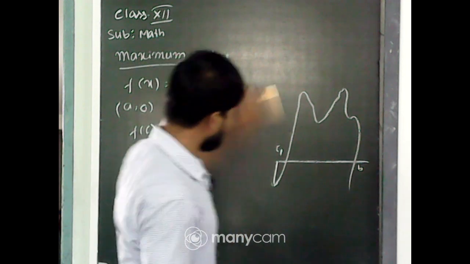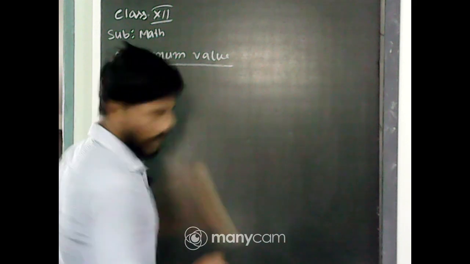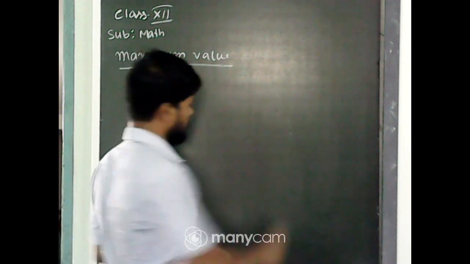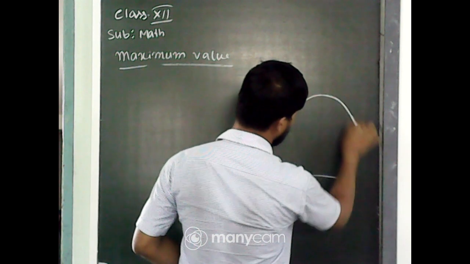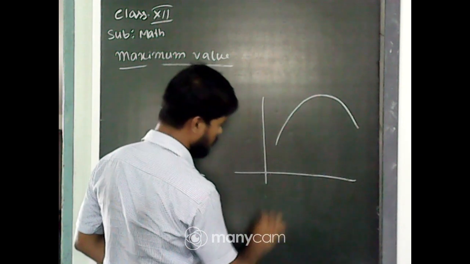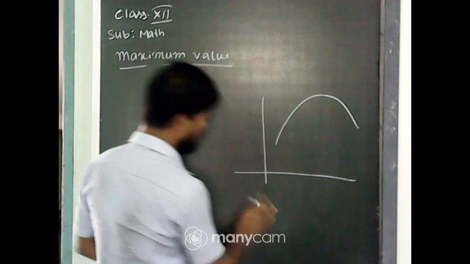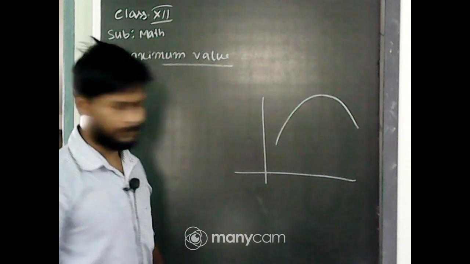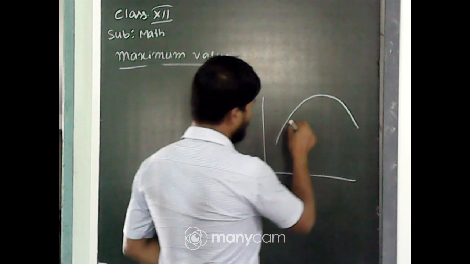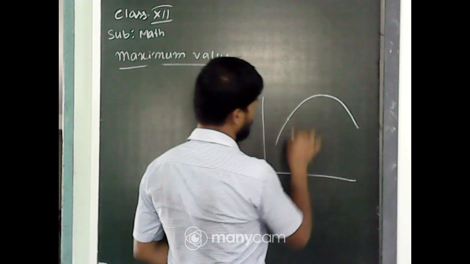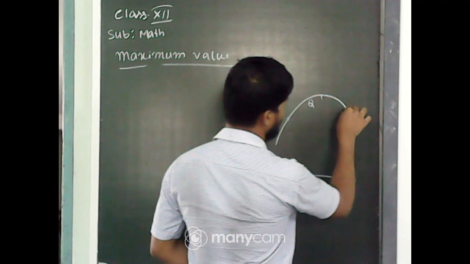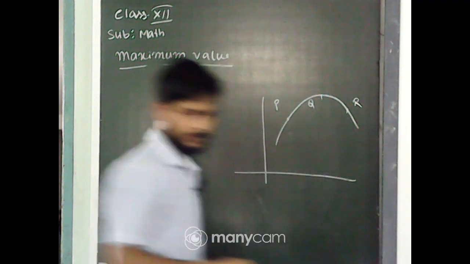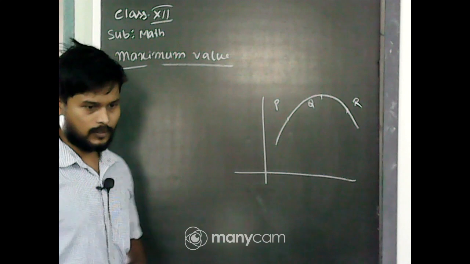Okay, now I am telling you the definition of local maximum value and local minimum value of a function. So I am drawing two curves. This is the first curve. Now we are taking three points here: one is point P, one is point Q, and one is point R. Clear?